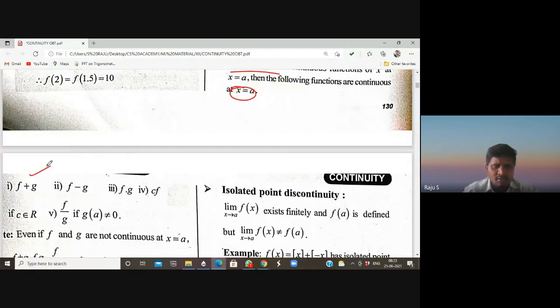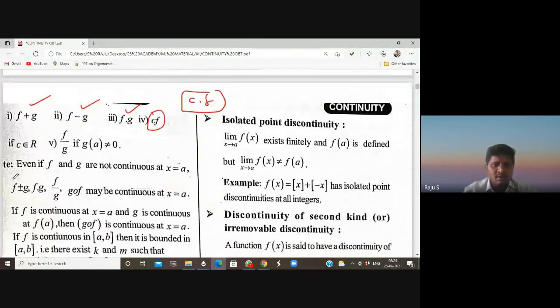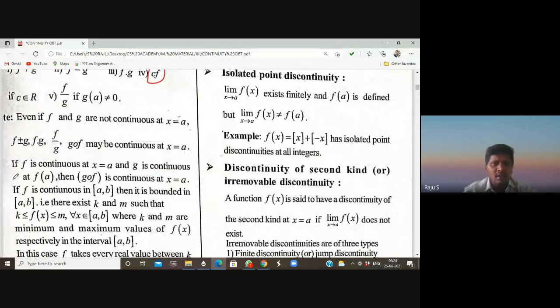Then f plus g, f minus g, f into g, f by g, c into f are continuous. If you multiply any constant with a continuous function, that is also continuous. See, f is continuous, c is a constant, cf is also continuous. Sum is continuous, difference is continuous, product is continuous, and division is also continuous.